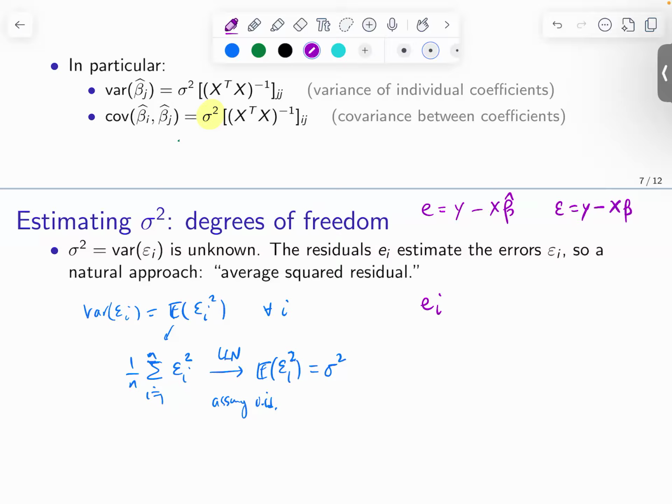When I estimate with beta hat and plug it into that formula, I get E. So E is the residual, which is the surrogate for my epsilon. So I'm potentially able to estimate if I just replace it like this. I'm going to look at the empirical average of these, or if you want, the sample variance based on the residual, okay?